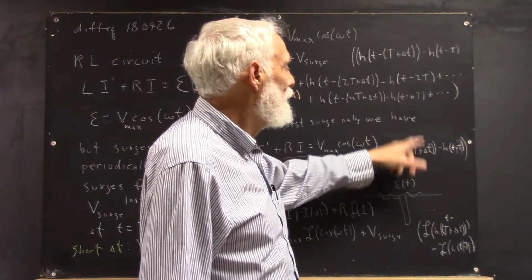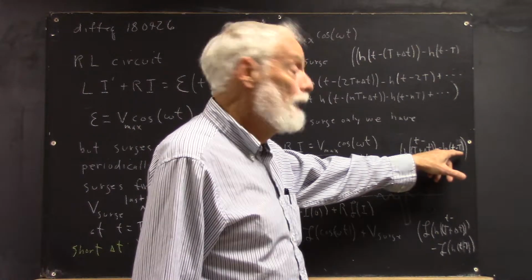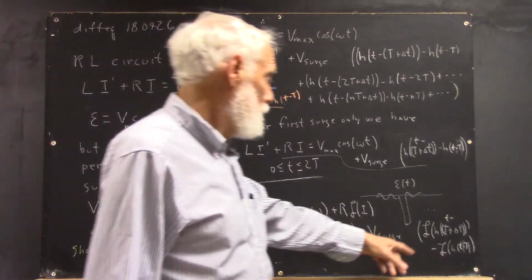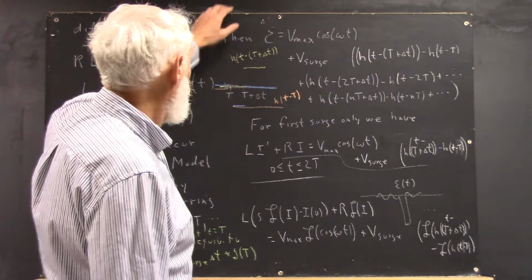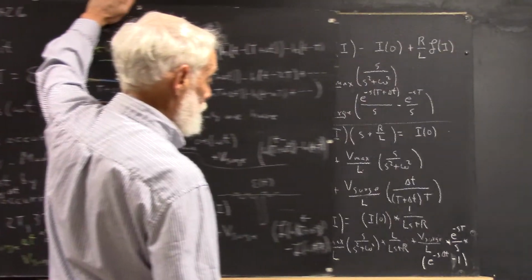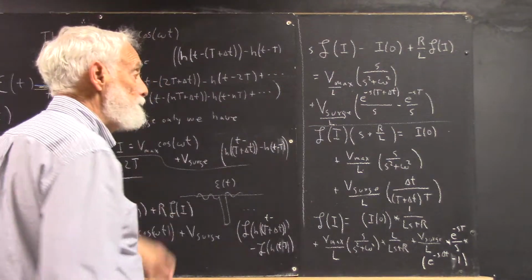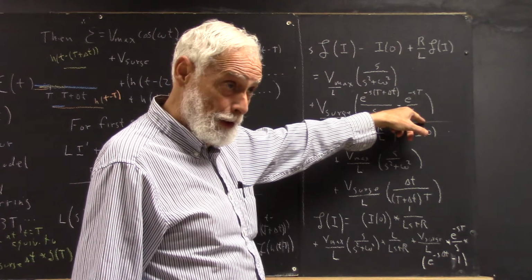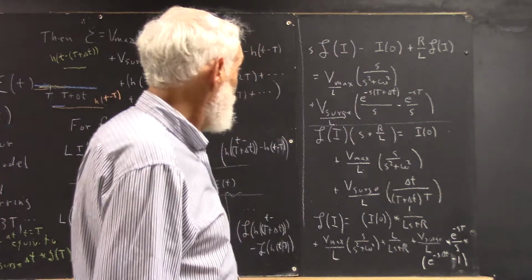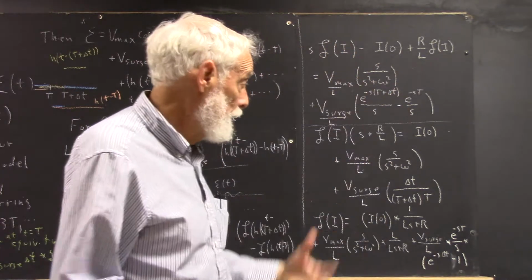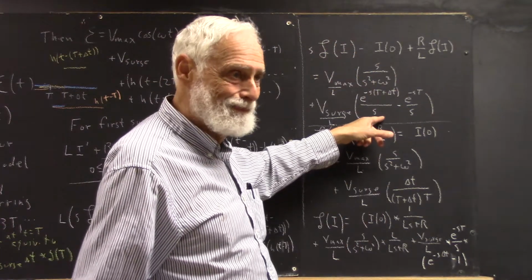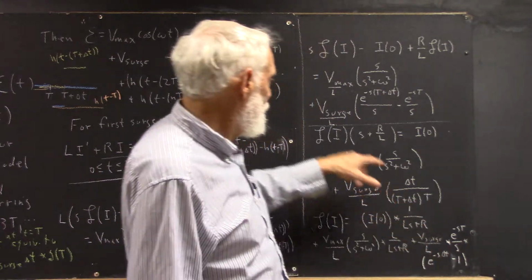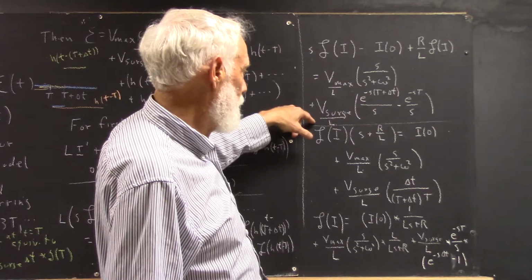It's going to be t minus the quantity t plus delta t, t minus capital T. Okay, and then we have the Laplace transforms of those expressions, and those Laplace transforms are easily seen to be this and this. Okay? Now, none of the rest of the equation is affected by that, but that is.